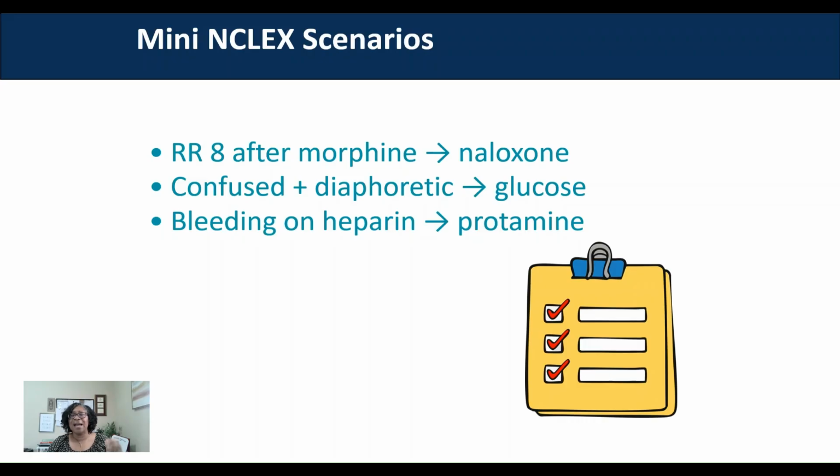They're diaphoretic. They are confused. So you're concerned about hypoglycemia, and you're going to look for an order to administer some glucose. Number three, patients on heparin, and they're having uncontrolled bleeding. So, of course, the problem is excessive anticoagulation, and you are going to prepare to give some protamine sulfate.